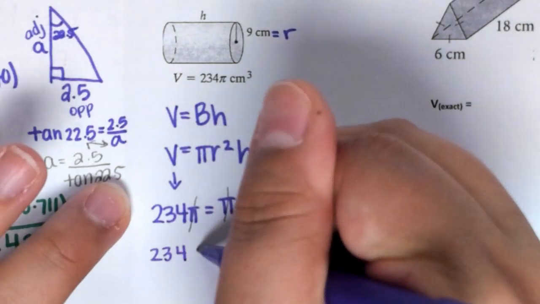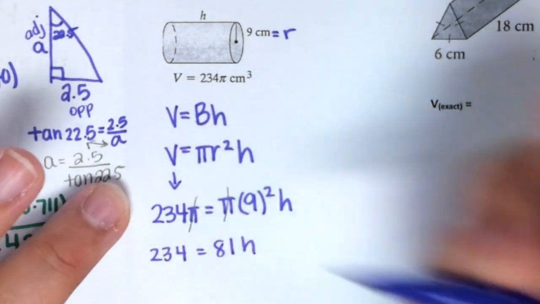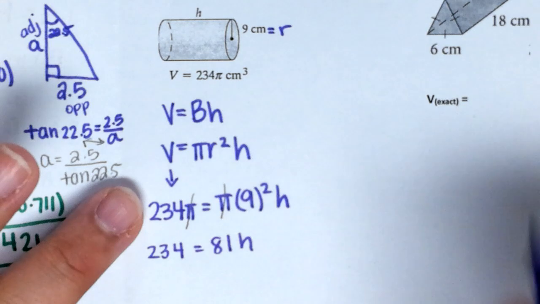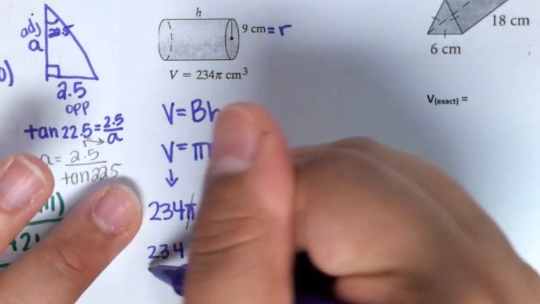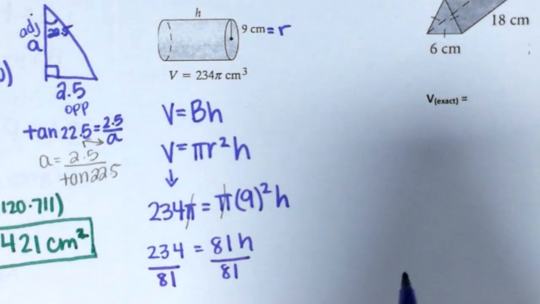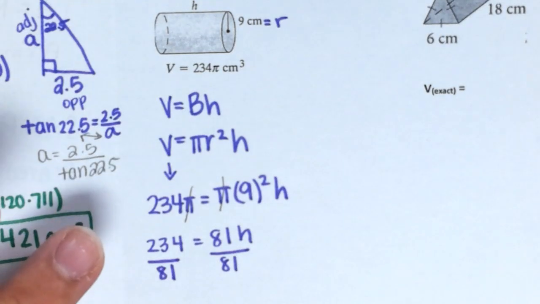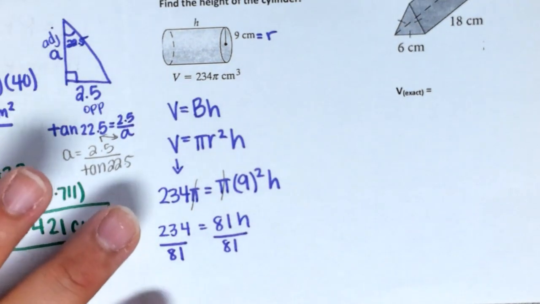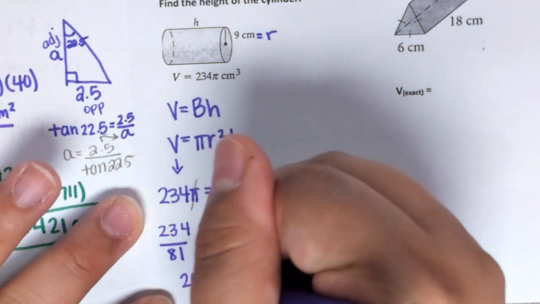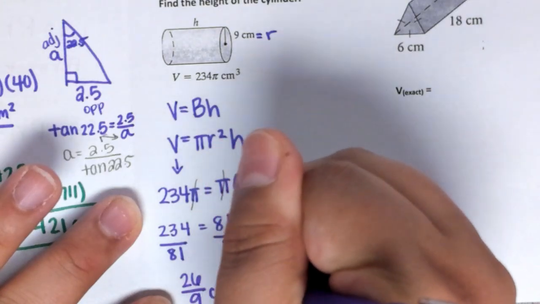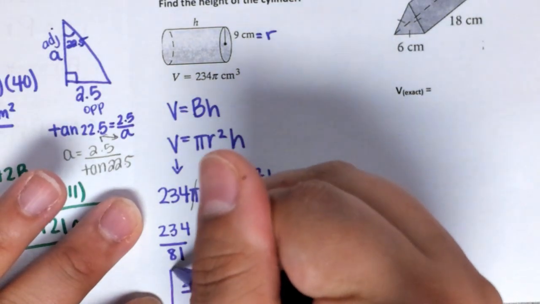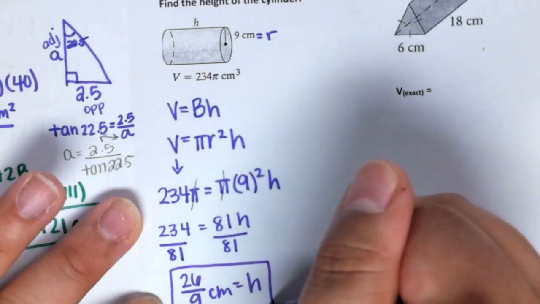So 234 equals 81h. How do I get h by itself? Divide. What is 234 divided by 81? Okay, don't give me a decimal repeating. 26 over 9. H is 26 over 9 centimeters.